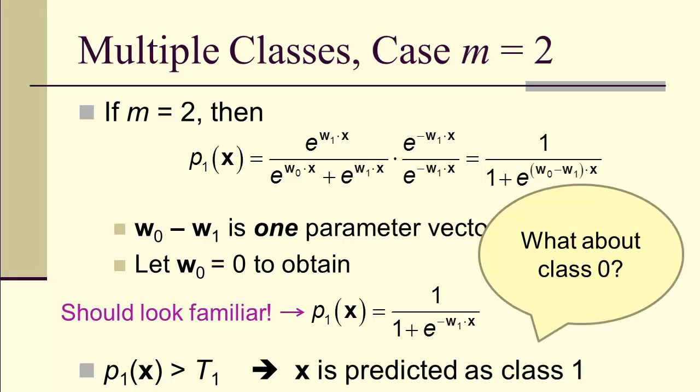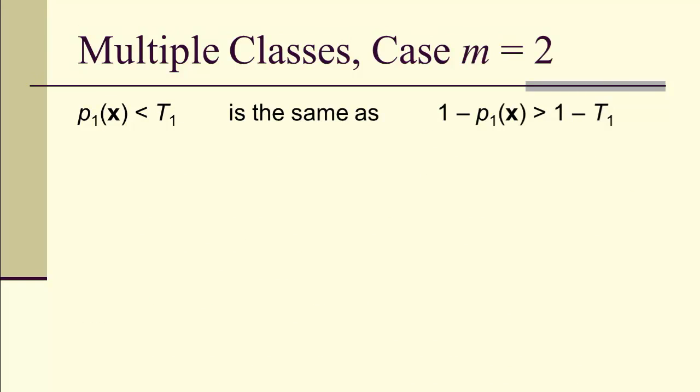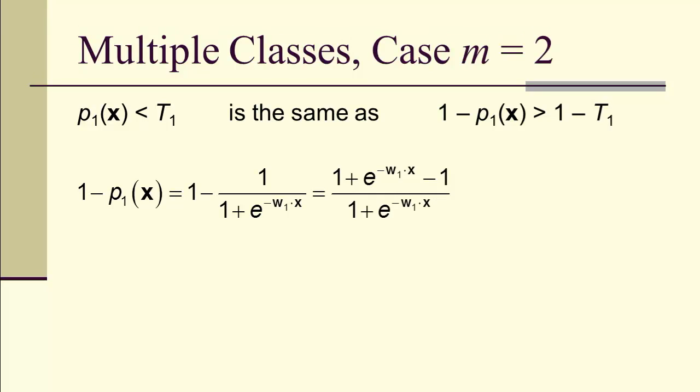What about class 0? It's got a probability model also. So notice that P1 of x less than capital T of 1 is the same as 1 minus P1 of x greater than 1 minus T sub 1. So 1 minus P1 of x is 1 minus 1 over 1 plus e to the negative w1 dot x.